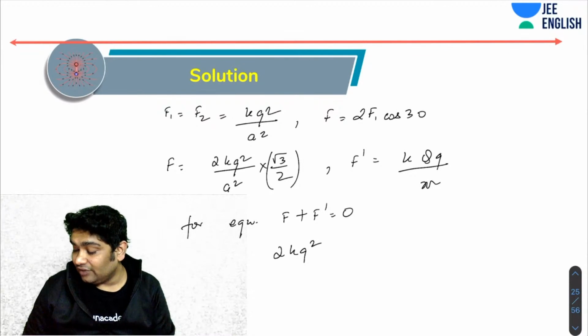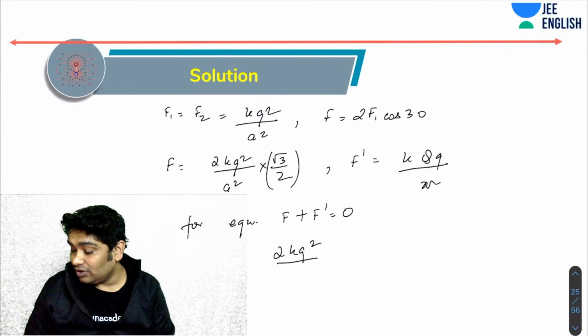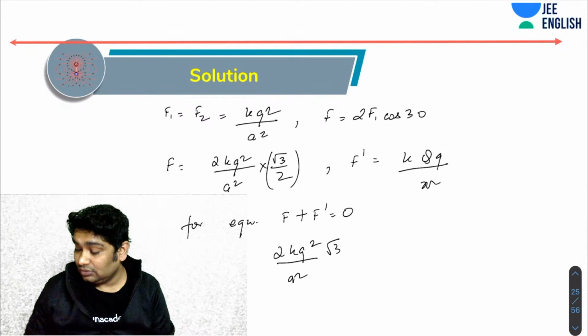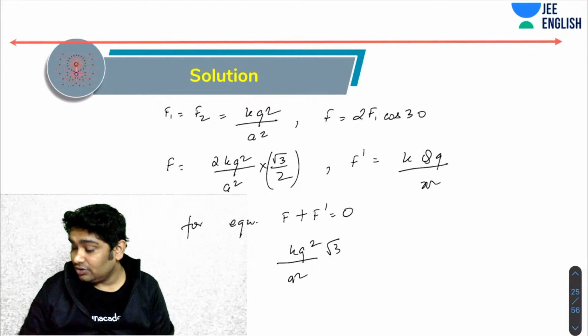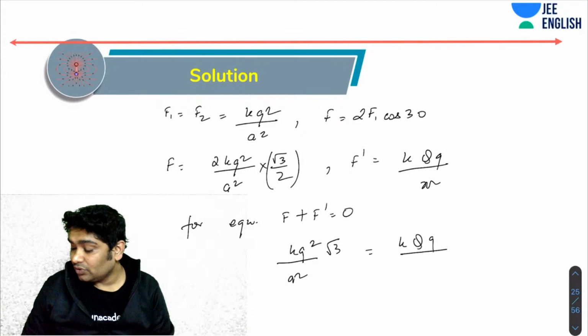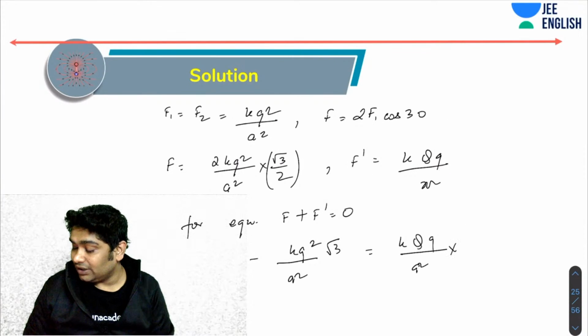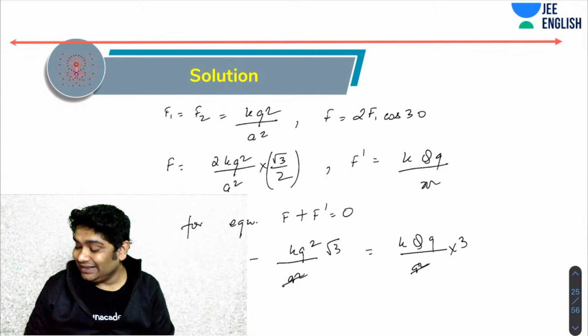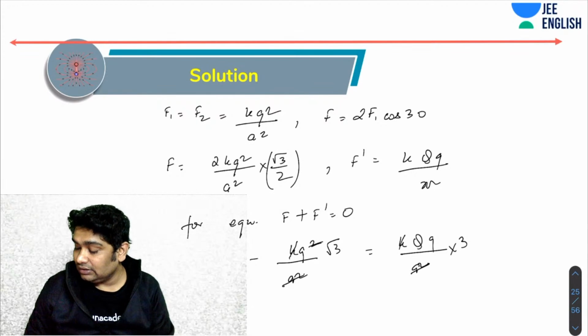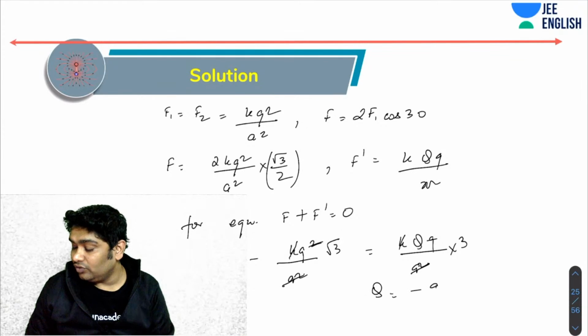And then you have kq square over a square, kq square over a square into root 3, should be equal to kQ over x square, and x was a over root 3, and from here you will get these cancelled, and what you realize is that Q should be equal to minus q over root 3.